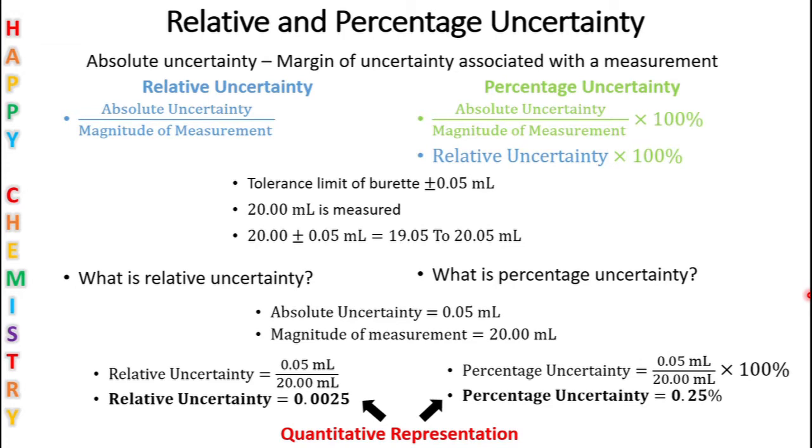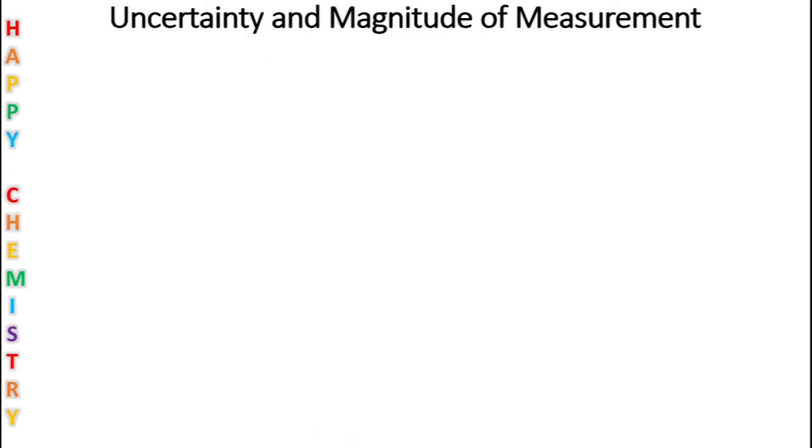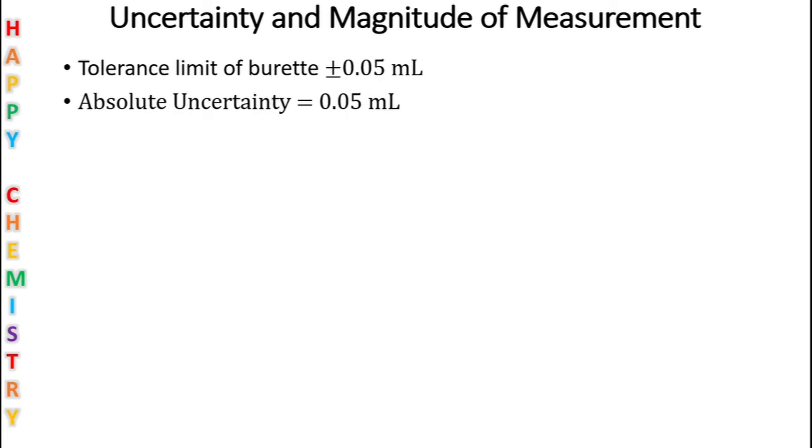Let us now consider how the magnitude of the measurement affects the uncertainty. Consider a burette with tolerance limit plus or minus 0.05 milliliters. That means the absolute uncertainty is 0.05 milliliters. Consider relative and percentage uncertainties for different measurements made.